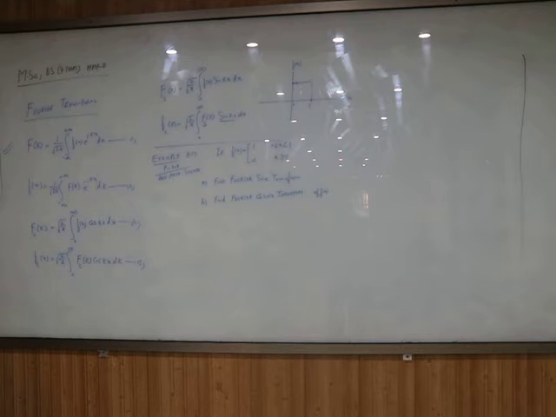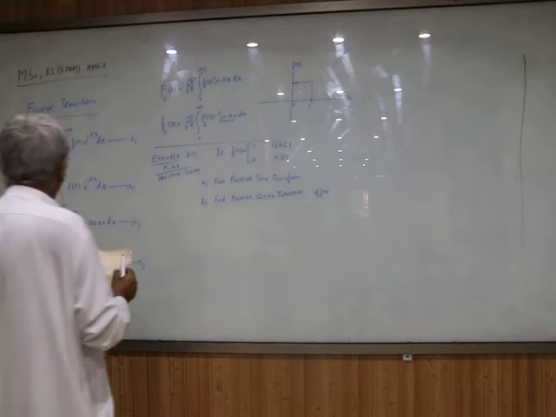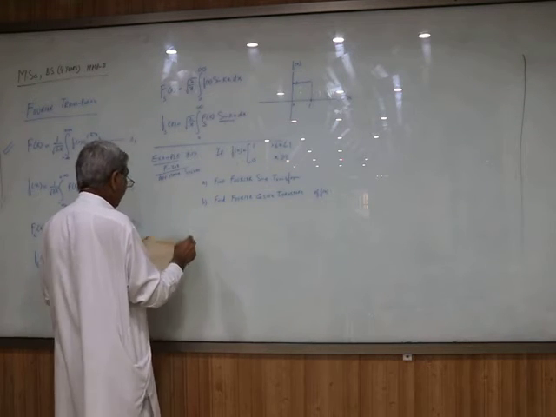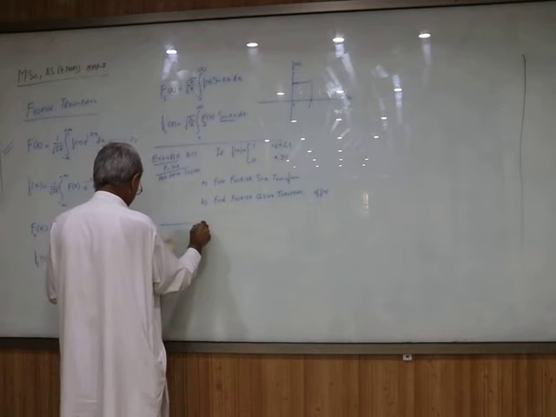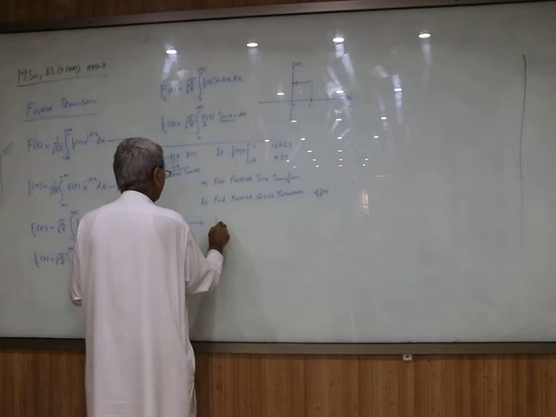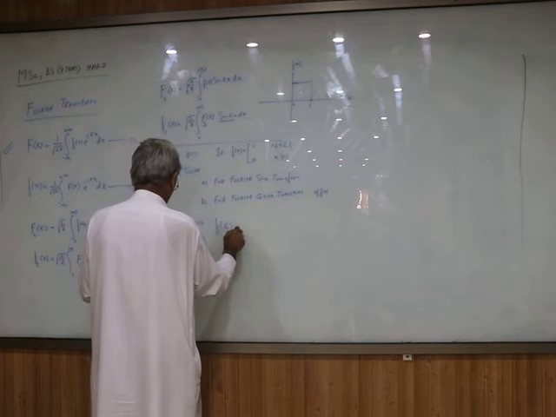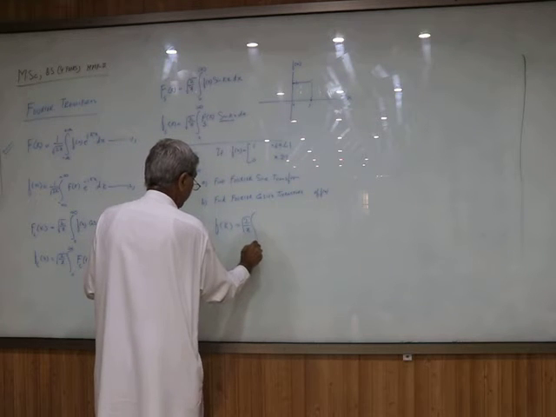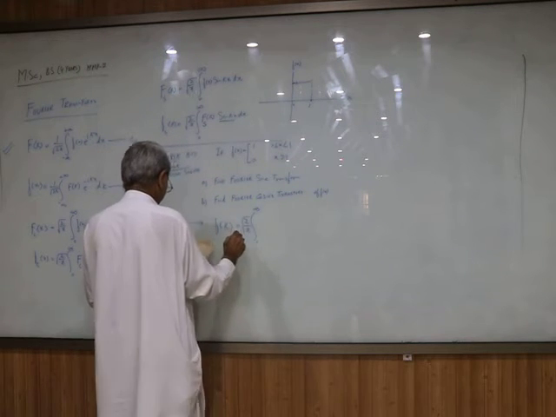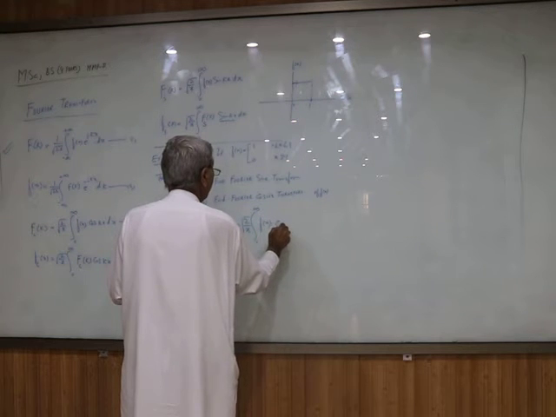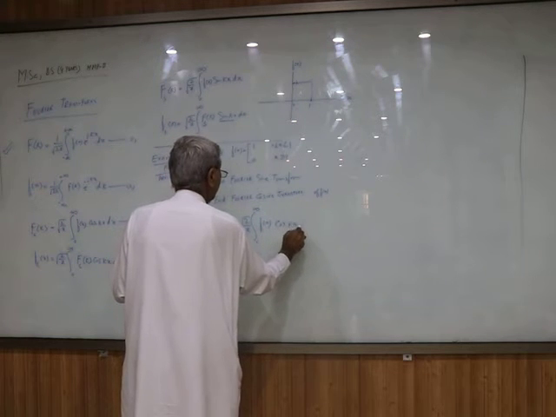Now the next thing is to find the Fourier cosine transform. Now Fourier cosine transform is equation 4. Equation 4 says f(k) is equal to square root of 2 over pi, integral from 0 to infinity of f(x) cosine kx dx.